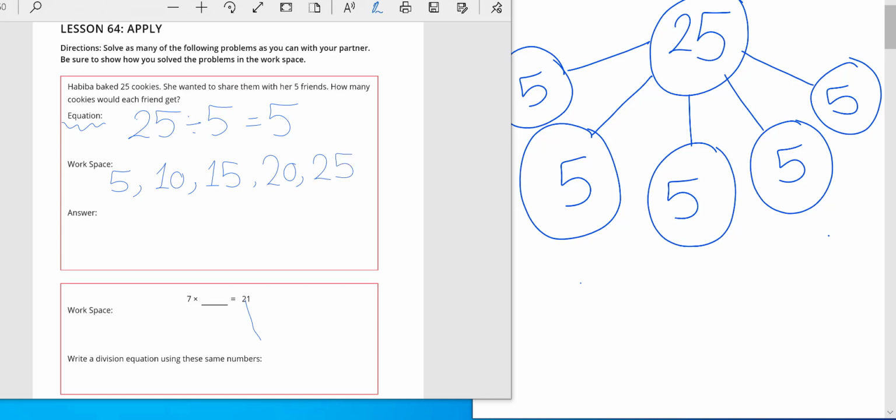Now we have how many steps? 1, 2, 3, 4, 5. Now we have 5 steps, so the quotient will be 5. So the answer is 5 cookies for each friend.